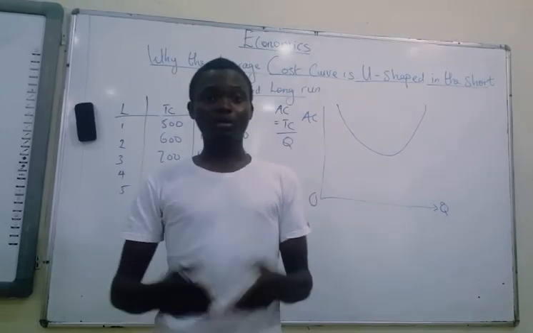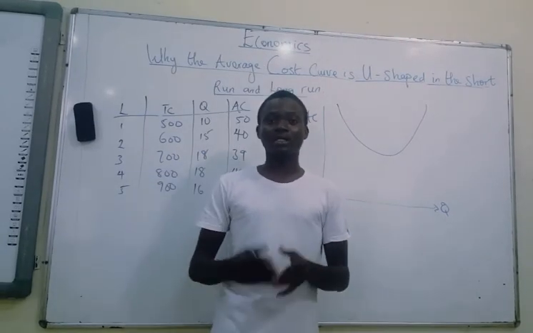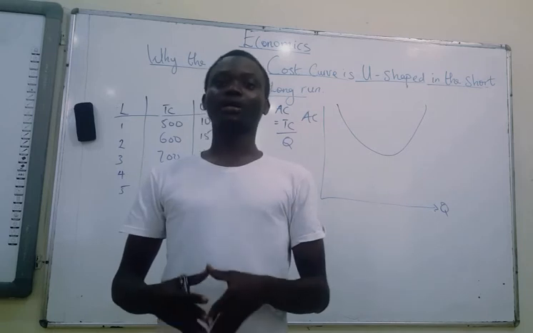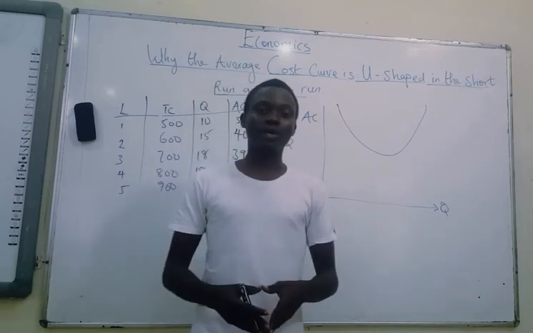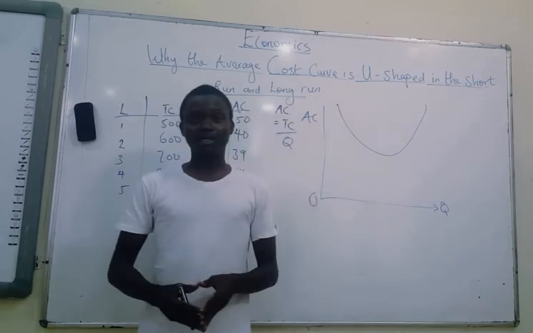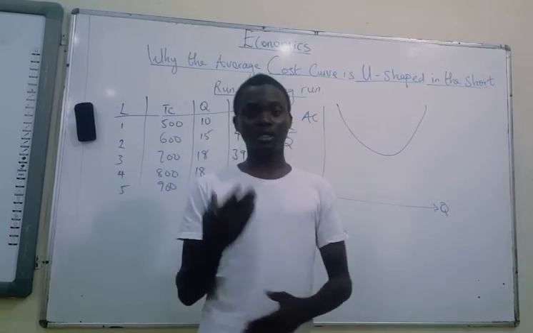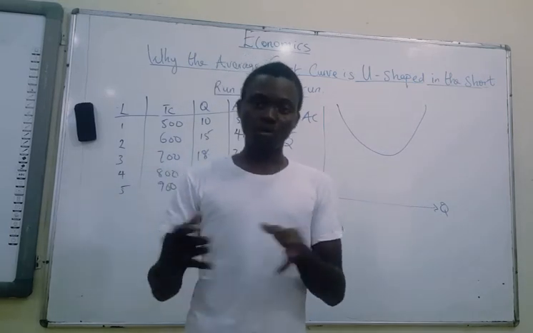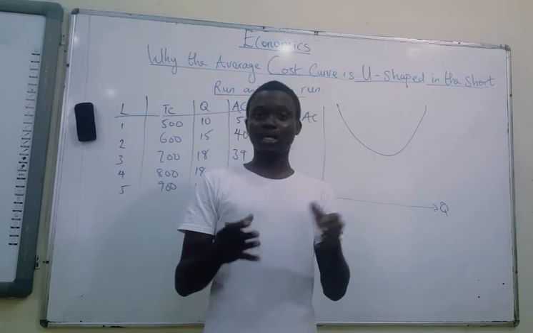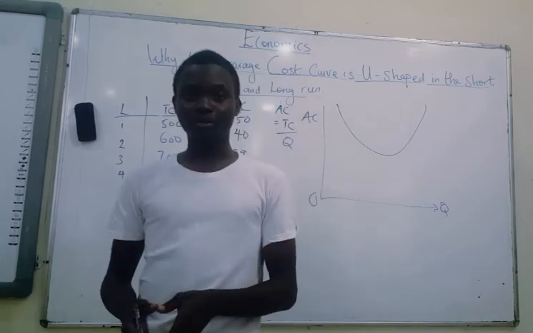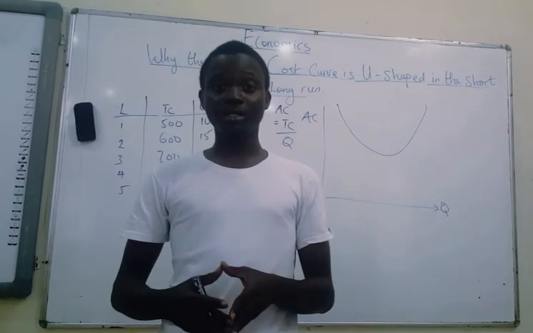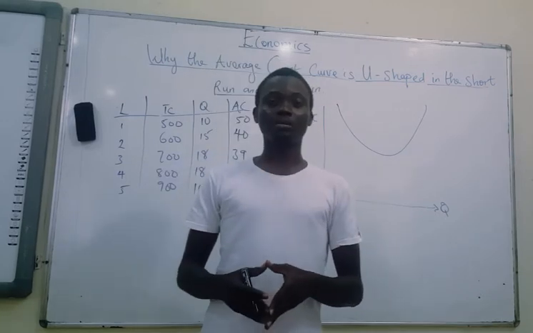There's something we call returns to scale, and returns to scale is just telling us the amount of output that is added to or subtracted from the total output when the producer changes all of his factors of production, because in the long run all of the factors of production can be varied. We now have 3 different types of returns to scale.